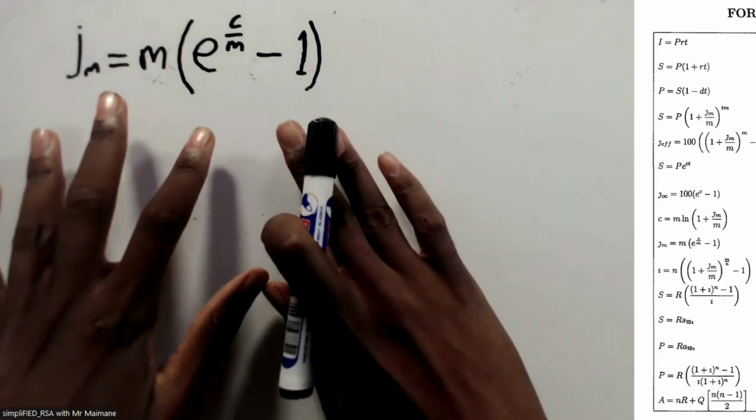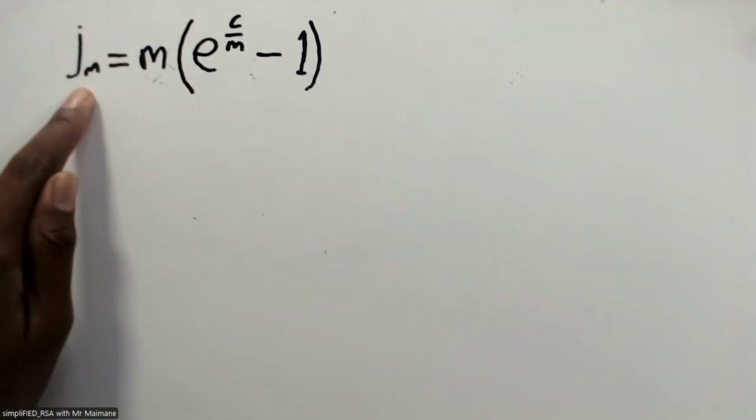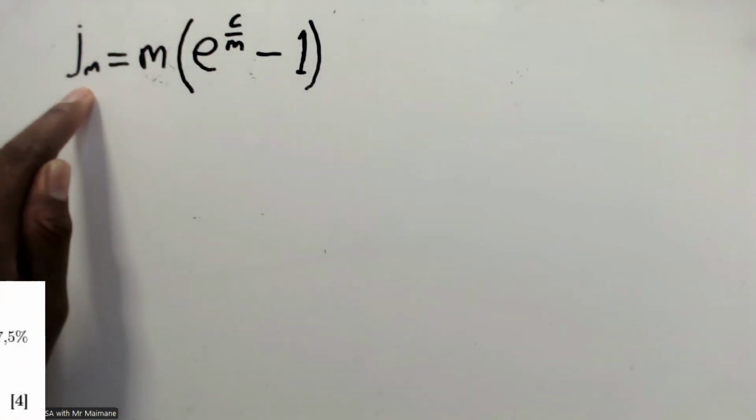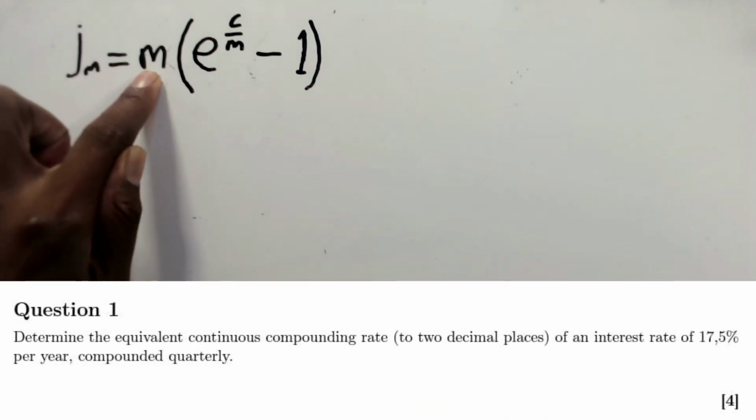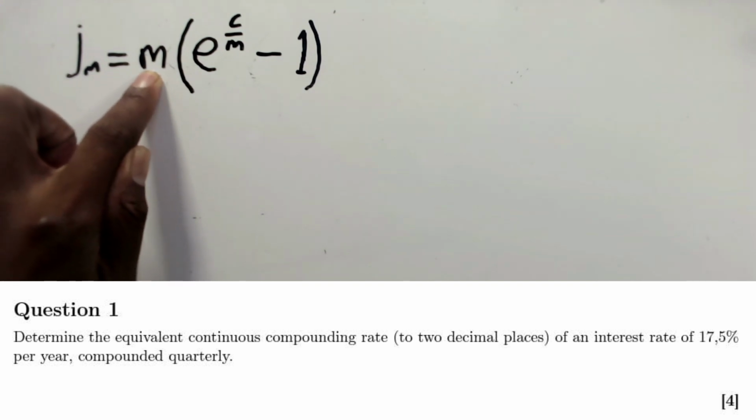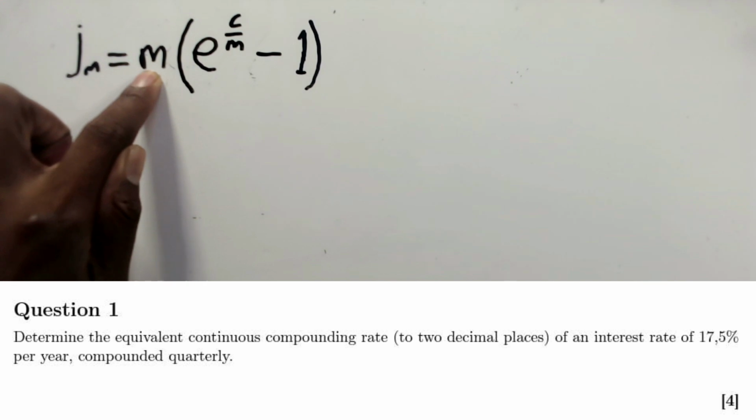You are given J_m, which is 17.5%, and m is quarterly, which means m equals 4 because we have 4 quarters in a year.